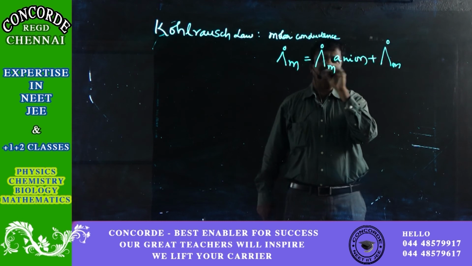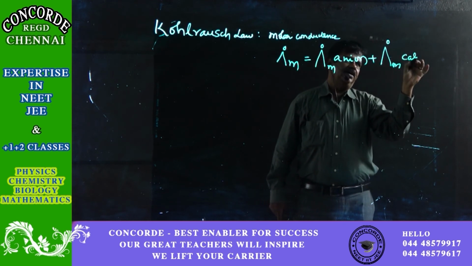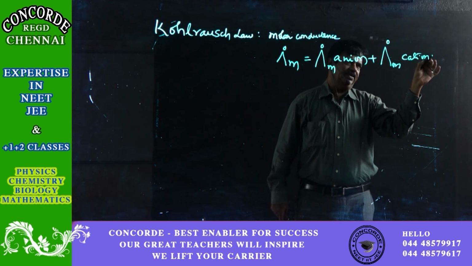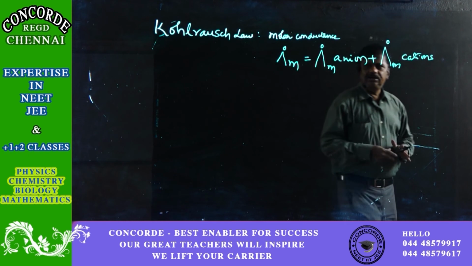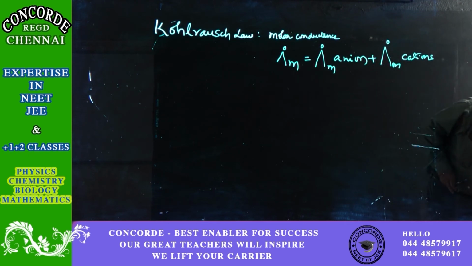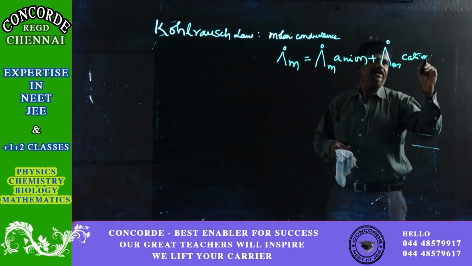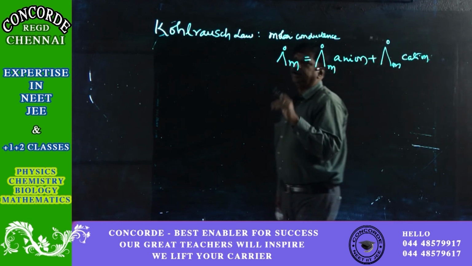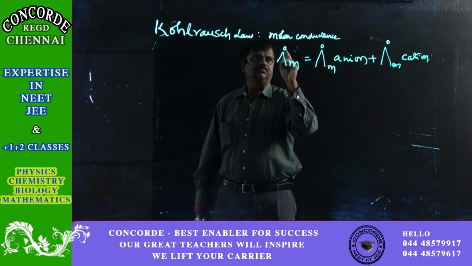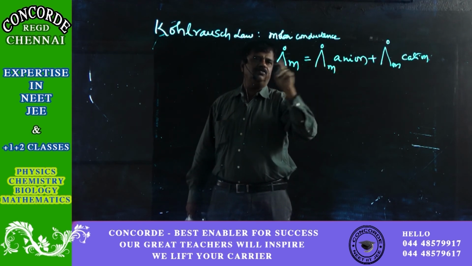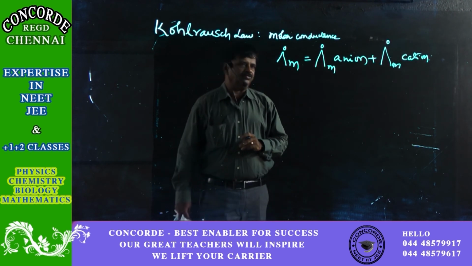At infinite dilution, how much of anions are present and how much of cations are present, and what is their molar conductance. The sum total of this becomes the molar conductance at infinite dilution.